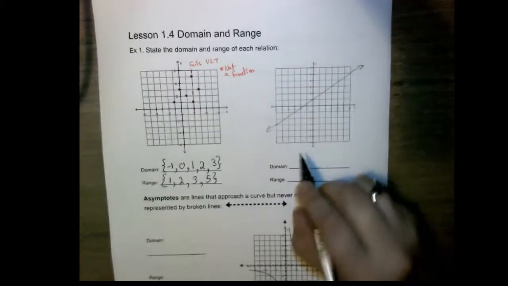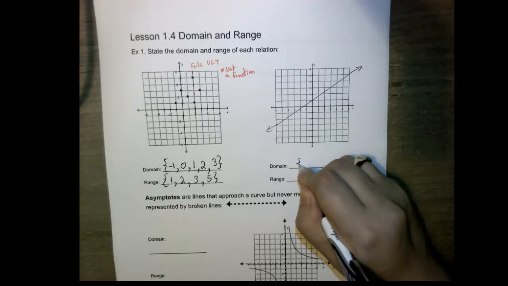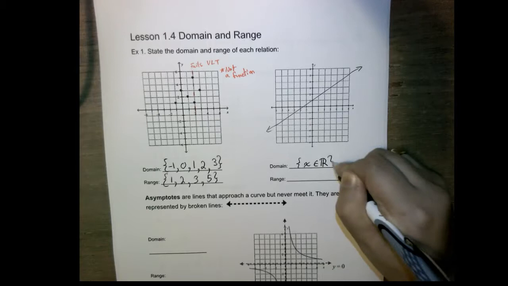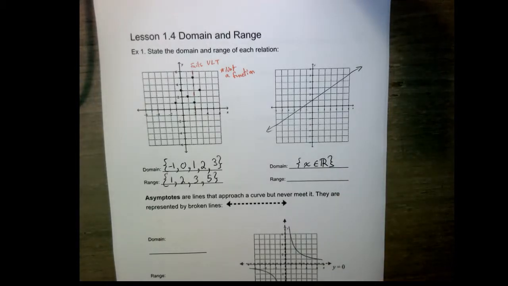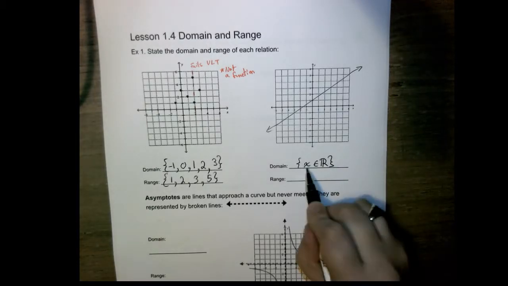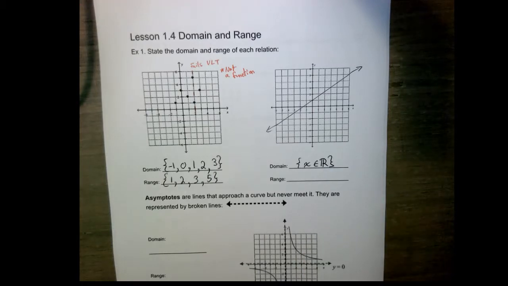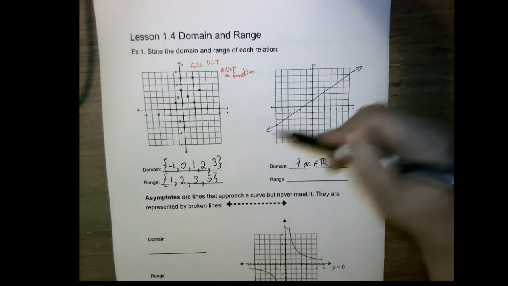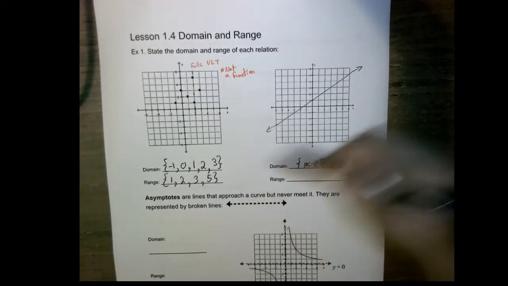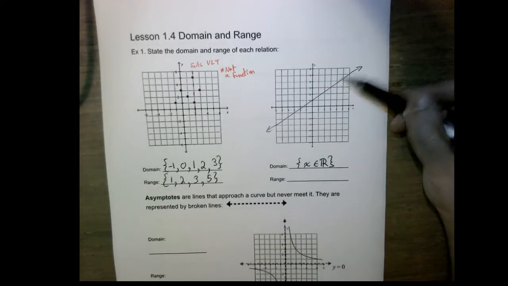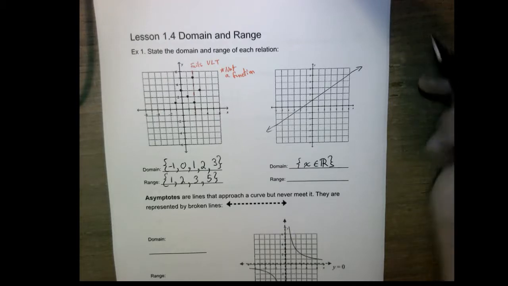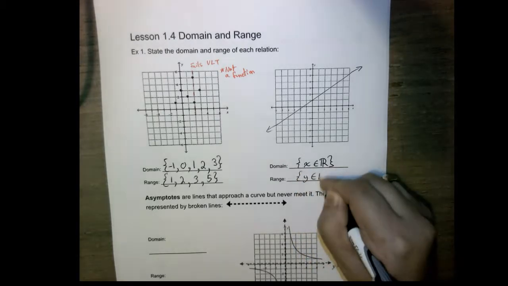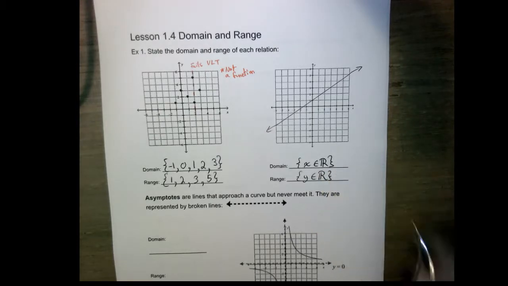So all I have is x can be any real number. That's how I write it: x is part of the set of all real numbers. Similarly, for my range, it's going forever downwards in this direction and forever upwards in this direction. So I have a range of y, part of the set of all real numbers.